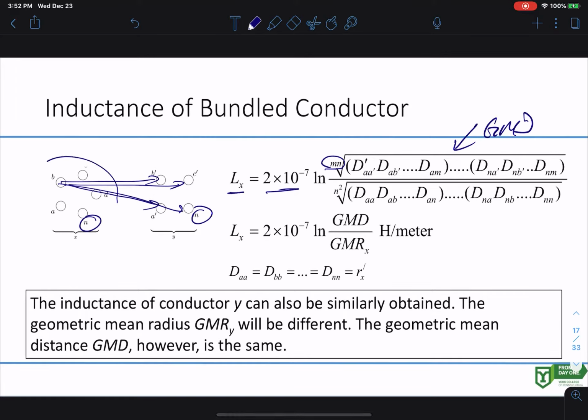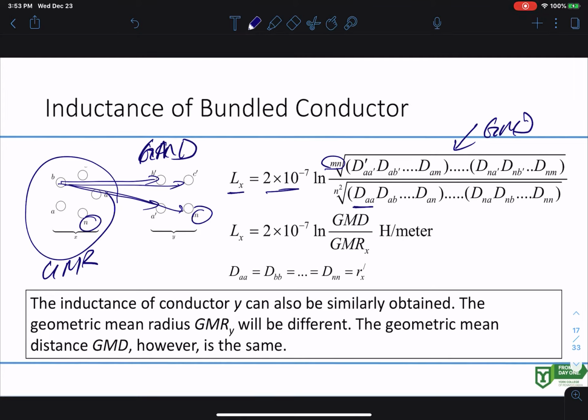Now we have this conductor over here, and I have the GMR. GMR is for the conductor, and GMD is between the lines. Over here, I have the self, remember, self radius, sorry, not self resistance, self radius.